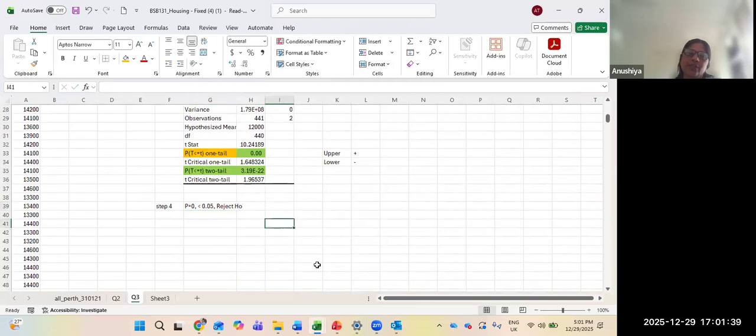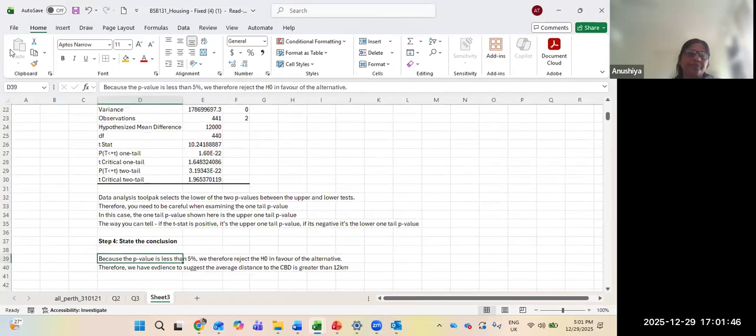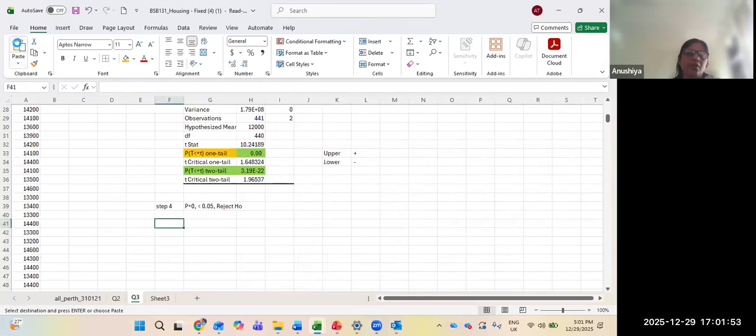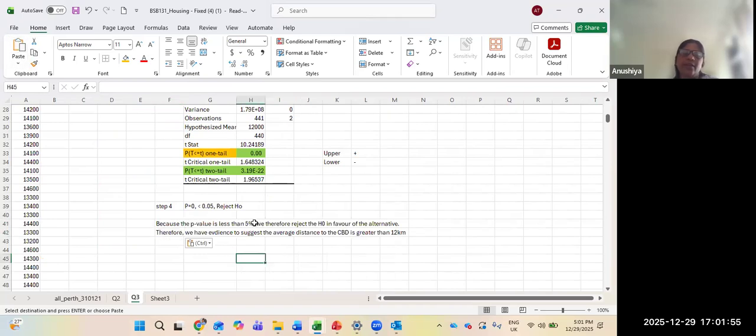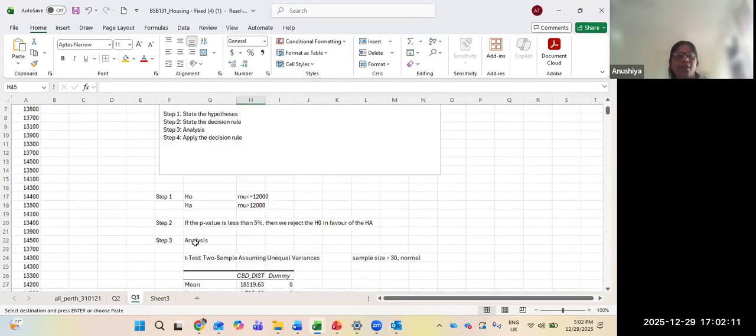We can write the conclusion in our own language: because the p-value is less than 5%, we reject the null hypothesis in favor of the alternative hypothesis. Therefore, we have evidence to suggest that the average distance to CBD is greater than 12 kilometers.